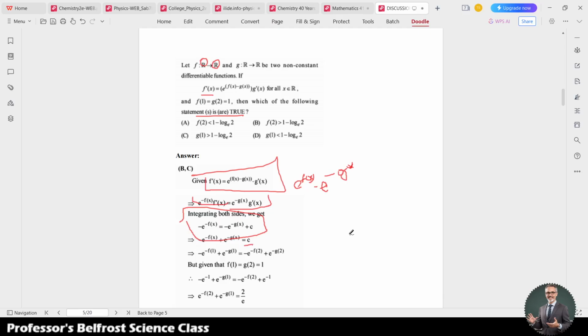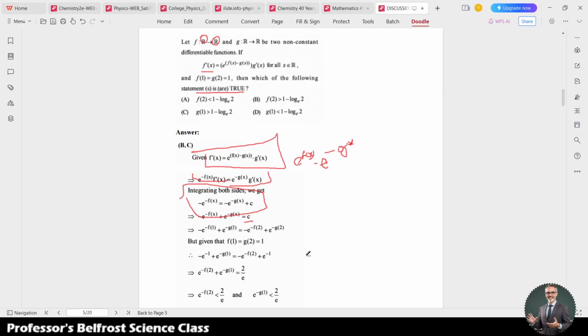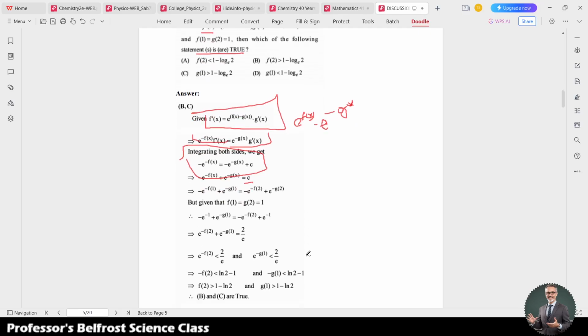And then we can move it to one side and leave the constant on the other side. And we know that because of that f(1) equals g(1) equals 1, and f(1) equals g(2) equals 1, then yeah, −e^(−f(1)) plus e^(−g(1)) is equal to −e^(−f(2)) plus e^(−g(2)), because we are told it is the same.